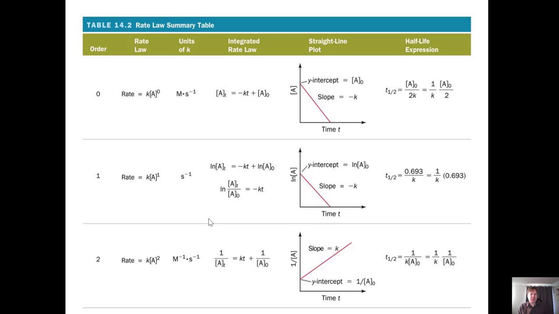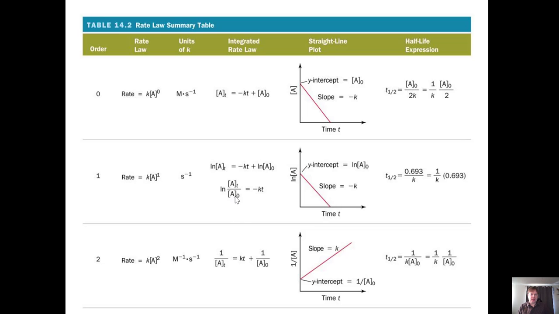And in fact, I want to talk through how we get from the integrated rate law to the half-life expression for a first order reaction. If you think about what half-life means, it's the time necessary to go to half of the initial concentration, and we take the integrated rate law.